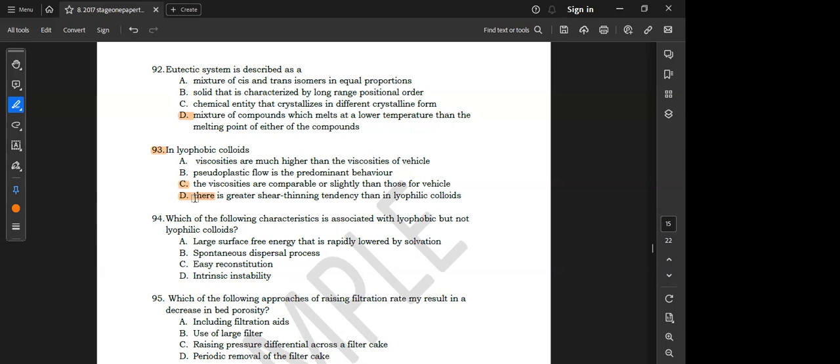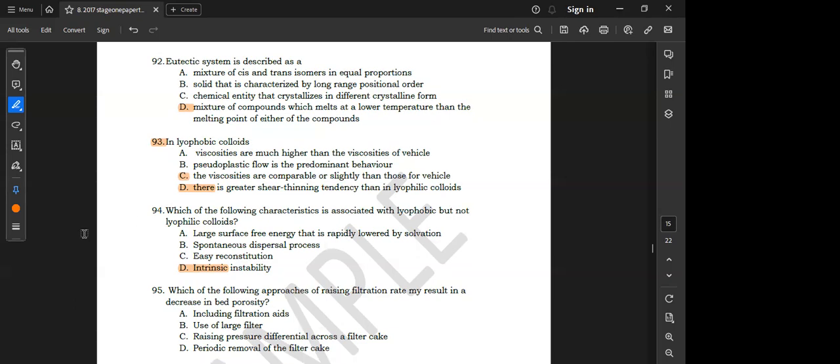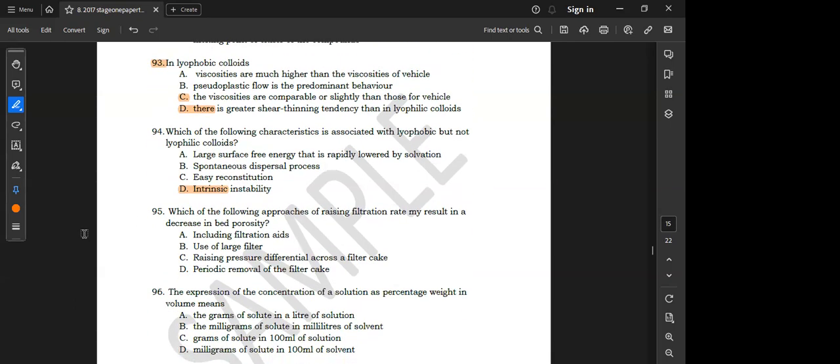No, for 94, not 93. Okay, no, wait. So 93 is D, Hiral, you said D, or it's okay, 94 D also. You also said 94 is D? That's what I think. I'm not sure. I just know that the lyophobics are less stable compared to lyophilic, but I'm not sure about it. Okay.